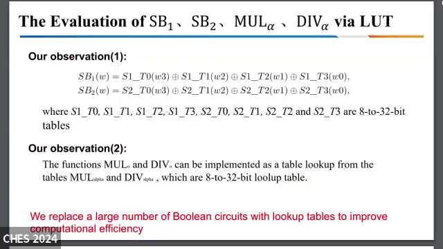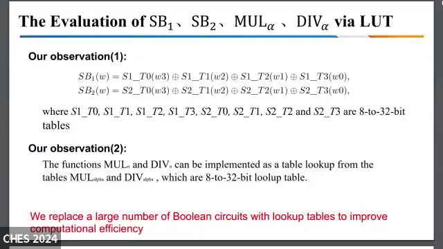So our observation is that SB1, SB2 can be implemented as some 8-to-32-bit tables, and mul_alpha and div_alpha can also be implemented as a table lookup from the table.